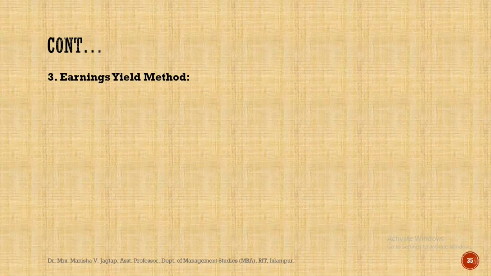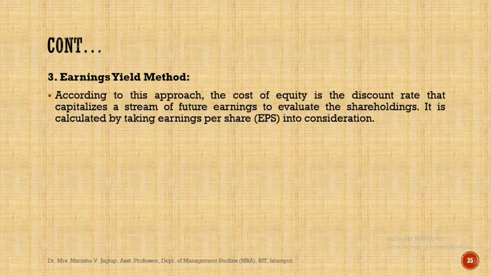Now the next method is the earning yield method. According to this approach, the cost of equity is the discount rate that capitalizes a stream of future earnings to evaluate the shareholding. It is calculated by taking earnings per share, that is EPS, into consideration.